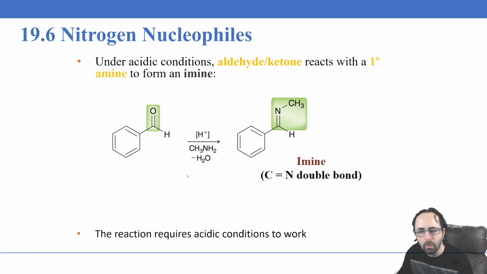The reaction does require acidic conditions to work. Ultimately, in this reaction, the carbonyl, the carbon double bond oxygen, will be converted to a double bond between the carbon and the nitrogen of our reagent compound. Here, this methyl group being the methyl group attached to this nitrogen, forming a group that is known as an imine, a nitrogen-carbon double bond.